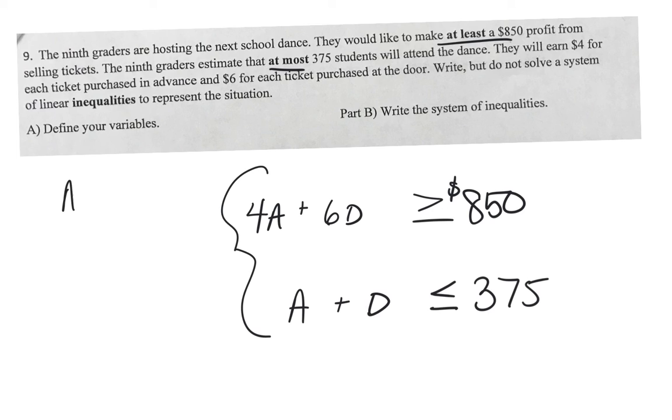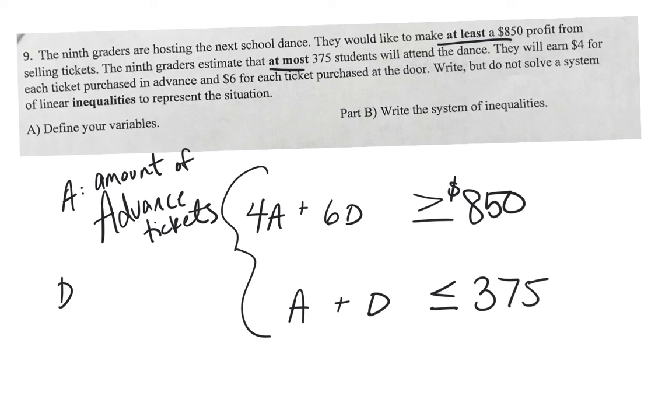And our variables were A and D. A represents the amount of advance tickets, while D represents the amount of door tickets.